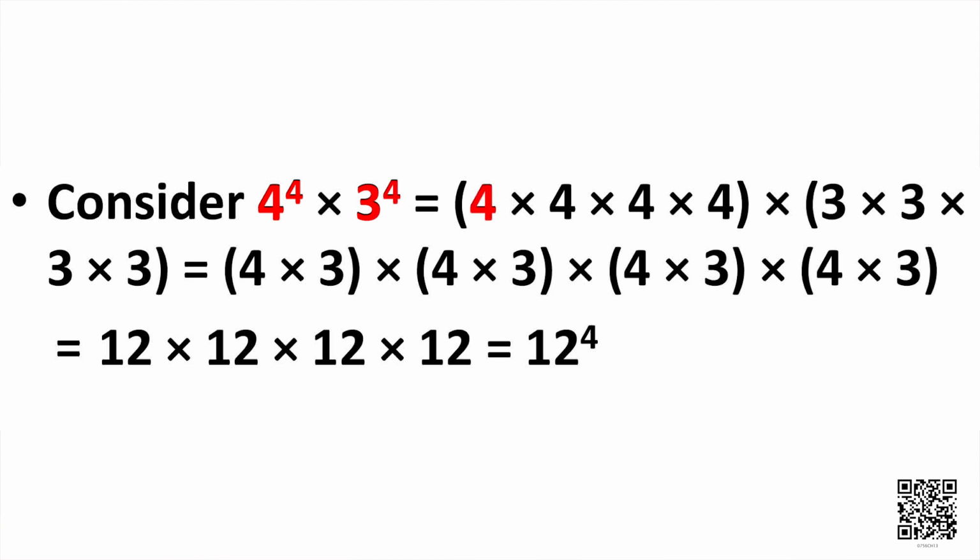This is 4 multiplied by 4 multiplied by 4 multiplied by 4, whole multiplied by 3 multiplied by 3 multiplied by 3 multiplied by 3, which gives us 12 multiplied by 12 multiplied by 12 multiplied by 12, which is equal to 12 to the power 4.